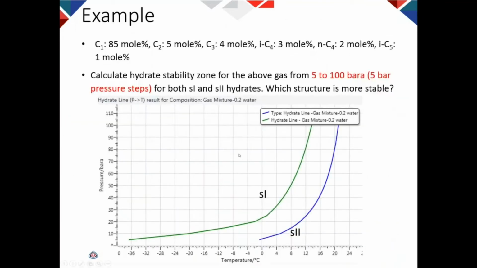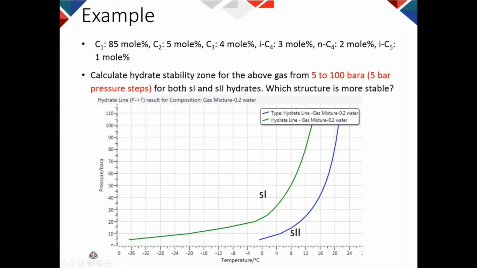And as I mentioned earlier, we have two major hydrate structures in the oil industry. Now, I just used our software and predicted the hydrate phase boundary of this mixture. I call it natural gas for future users of this mixture.